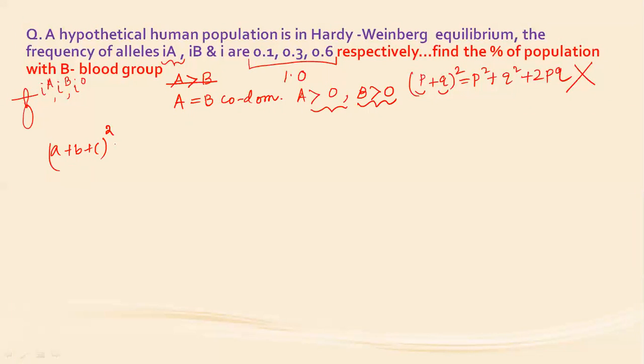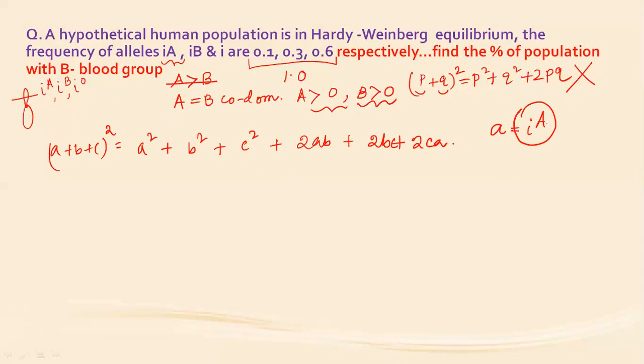We have been doing these things since school days. That equals a² + b² + c² + 2ab + 2bc + 2ca. Now we shall take the small a as the frequency of the IA allele, which is an alternative form of the gene. That is 0.1 as per the question.